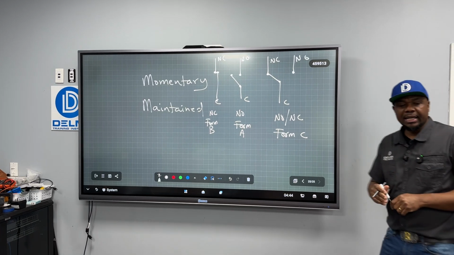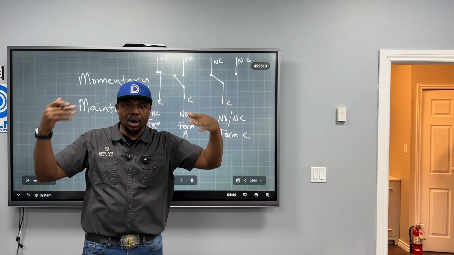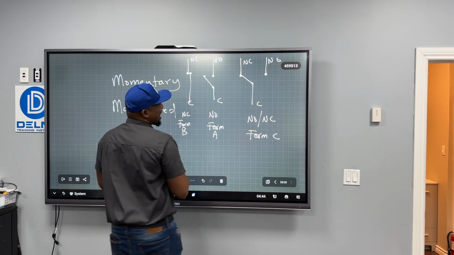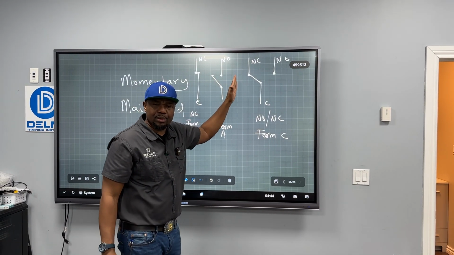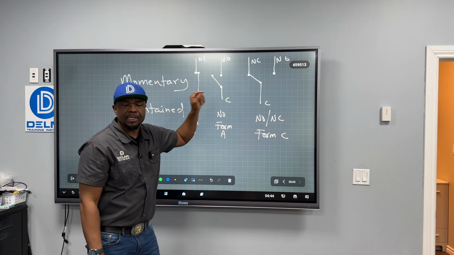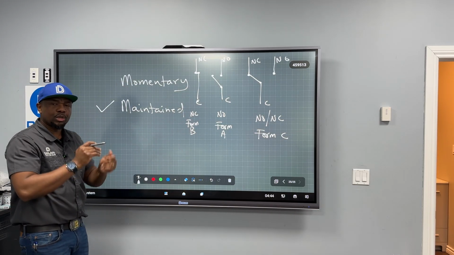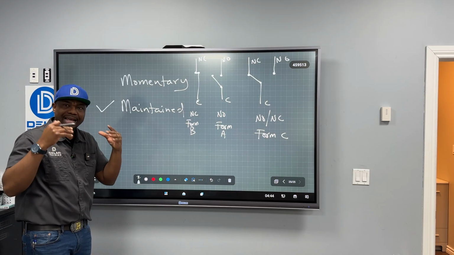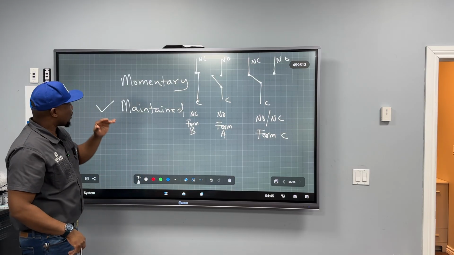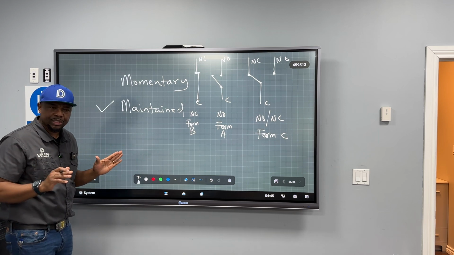Whilst I walk away, the switch is going to remain in that state and the light is going to be always on. Meaning that when I force this to touch that, now it's going to stay where it's supposed to stay. If I'm able to push this and it stays there, then that is what we call a maintained switch, because it's going to maintain that state until I come back and toggle that switch. When I toggle that switch, then it's going to go off, right? That is a maintained switch.